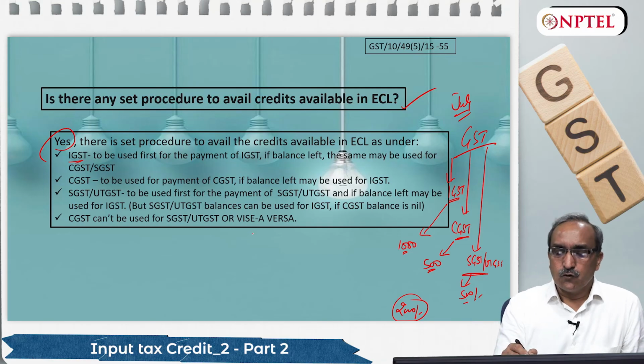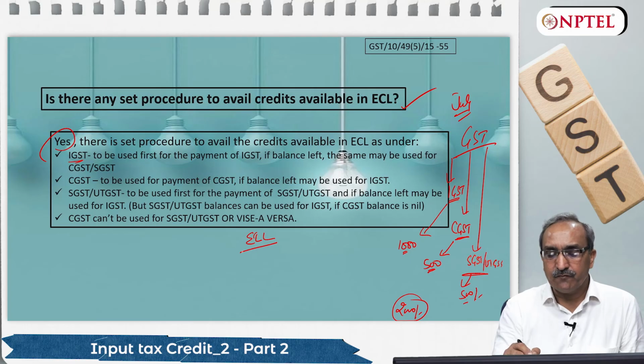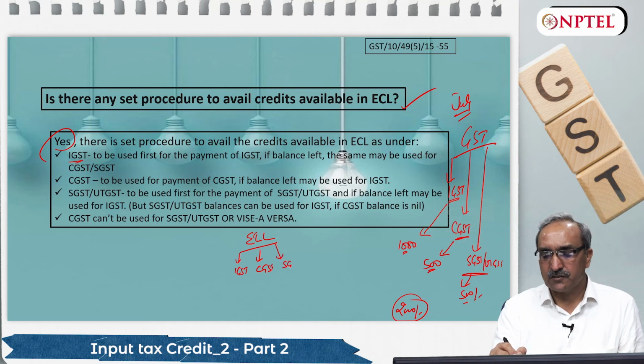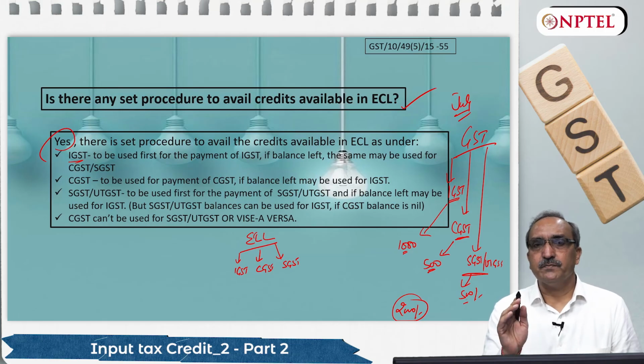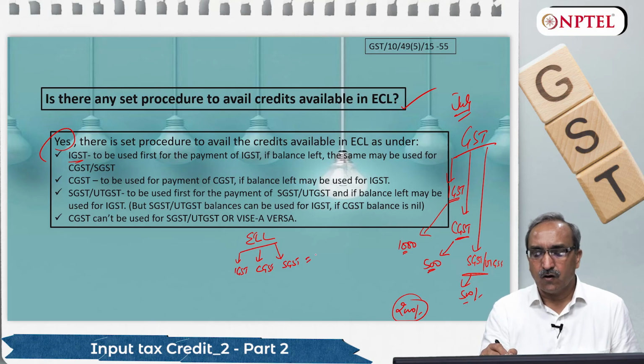It means your electronic credit ledger is maintained separately for IGST, for CGST and for state GST. So the electronic ledger has 3 parts. It is not showing all together, but separately: electronic credit ledger for IGST balance, electronic credit ledger for CGST balance, electronic credit ledger for state GST balance.